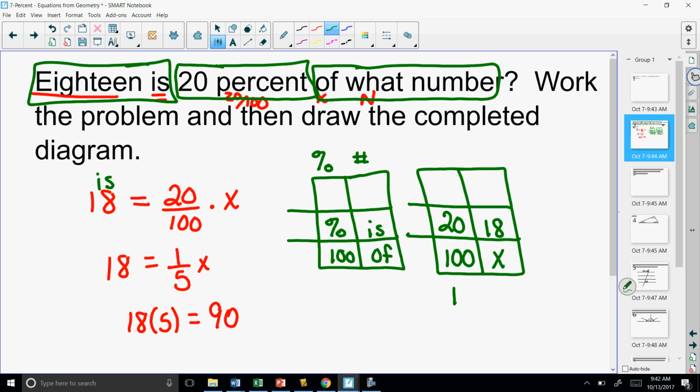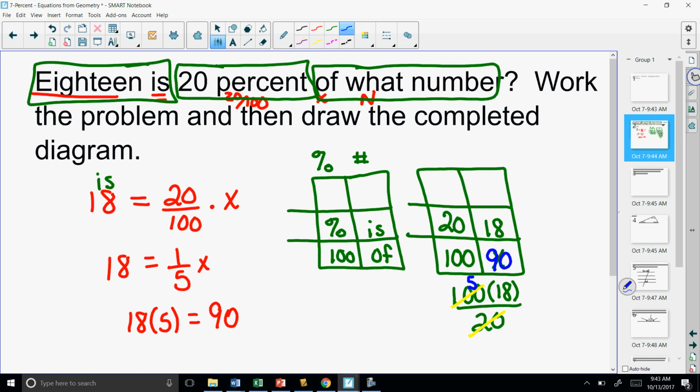I cross multiply 100 times 18 and divide by 20. 20 goes into 100 how many times? 5, which is what I was thinking as I wrote 5 in the denominator. So I take 18 times 5 and I get 90. So that what number becomes 90.